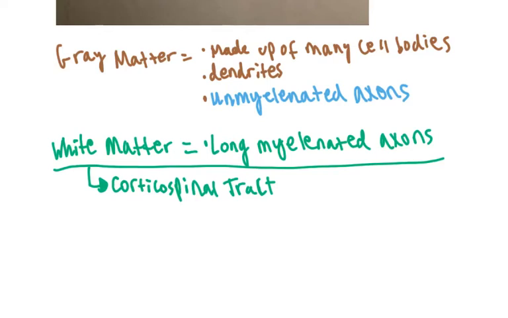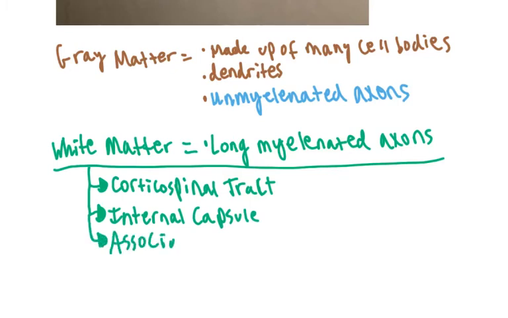We have our internal capsule, which are just projection fibers that help project information to the cerebral cortex. And then we have our association fibers. There are many examples of these.